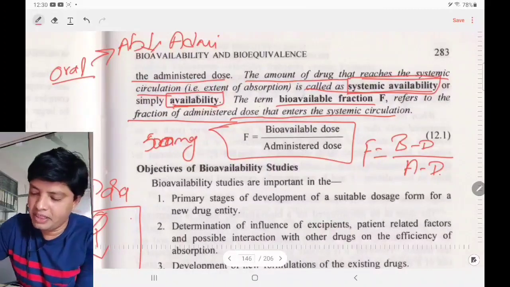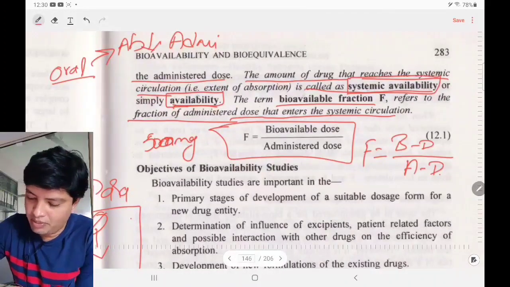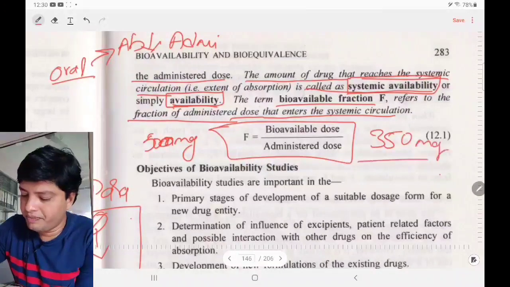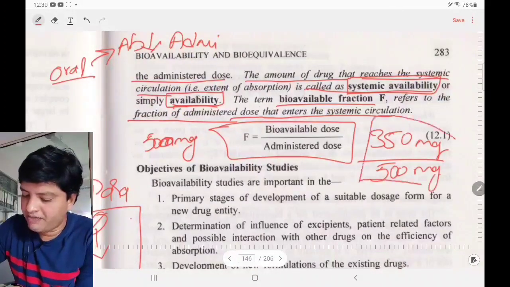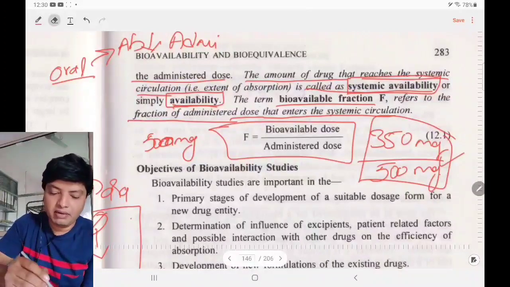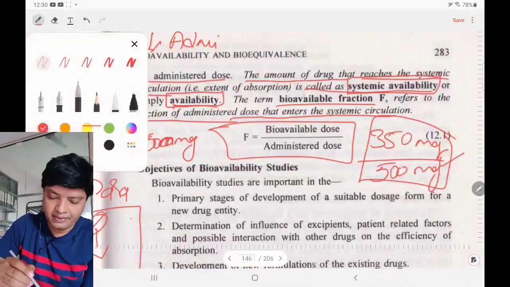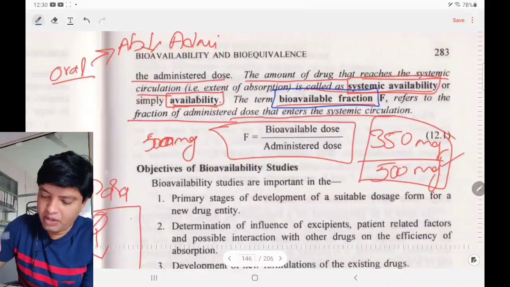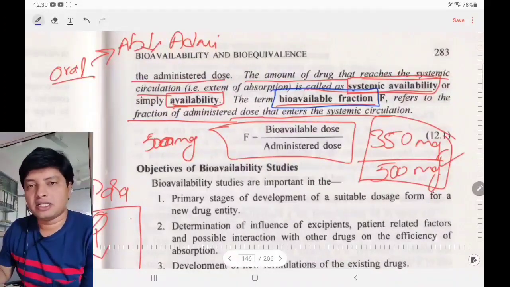Among this 500 mg, 350 mg is absorbed. This fraction, 350 divided by the given 500 mg, we call the bioavailable fraction.